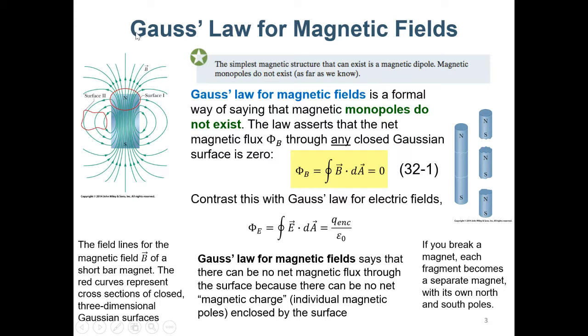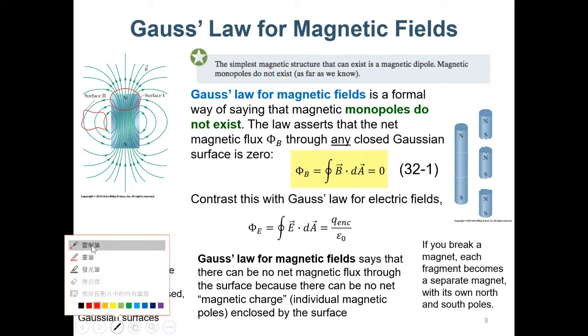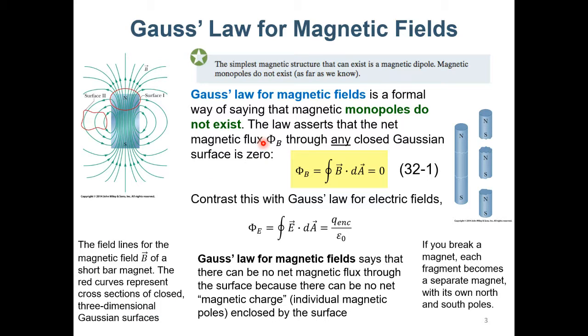So first, it's the Gauss law for the magnetic field. In chapter 23, we learned the Gauss law for electricity, which is this one, so you are very familiar with it. The surface integral of the electric field over a closed surface equals the enclosed charge over the permittivity.